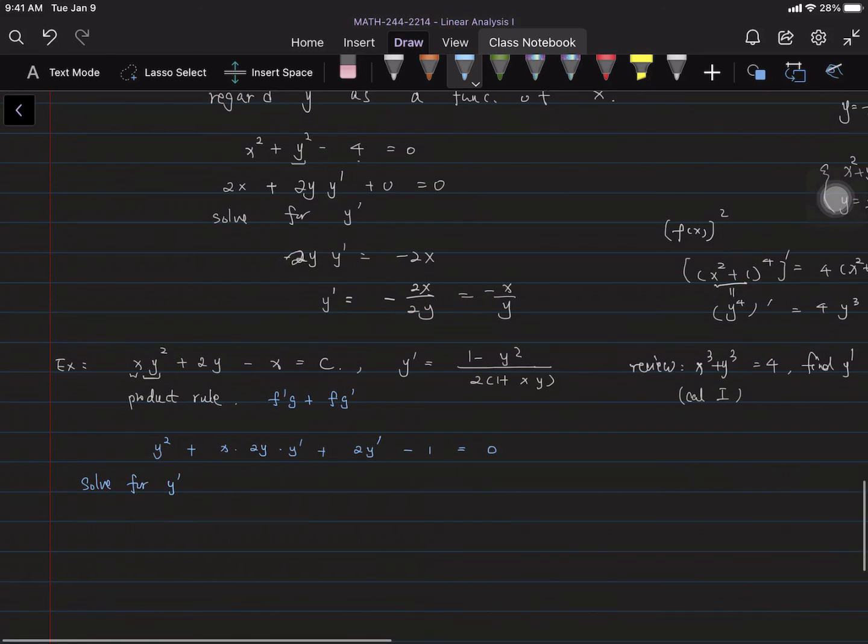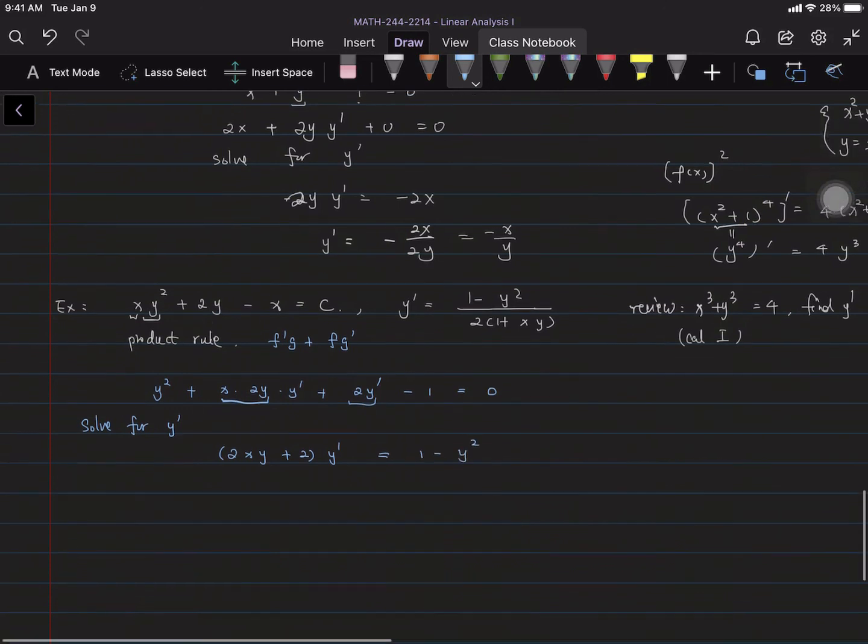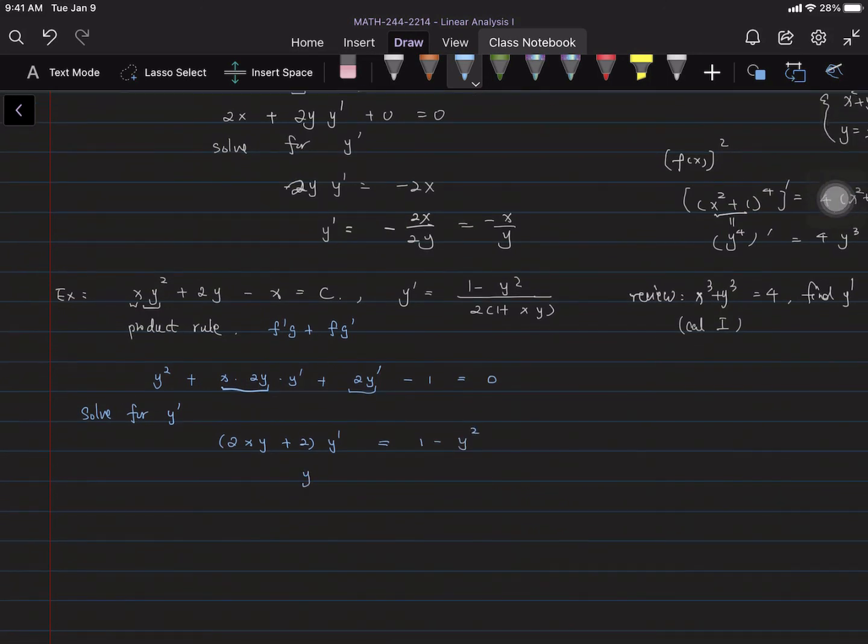That means we combine all the terms with y prime. So here this coefficient, change the order, 2xy, just combines, makes it easy, plus 2, and y prime, right? And move everything else to the right side. So 1 minus y squared. This is just solving an equation.